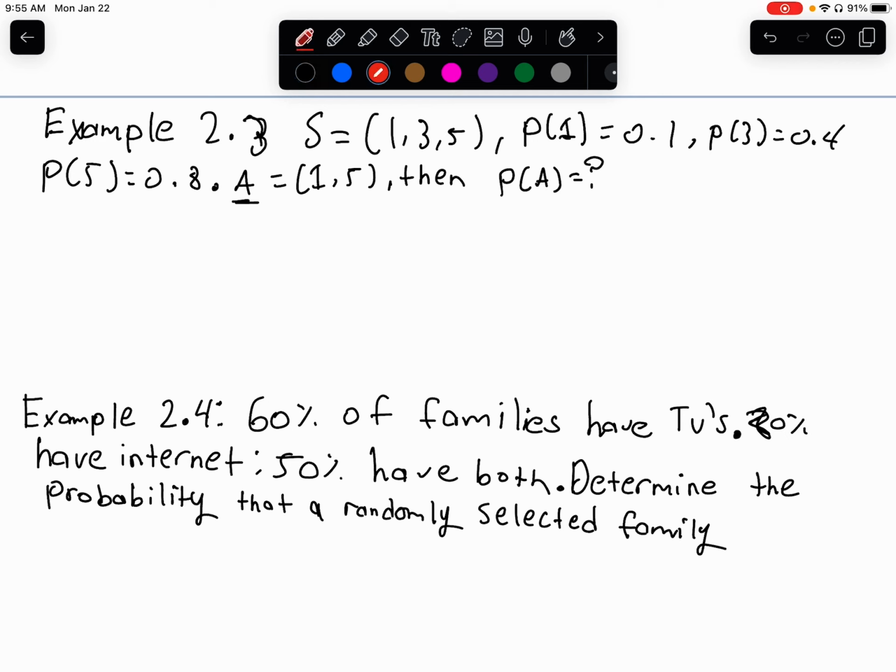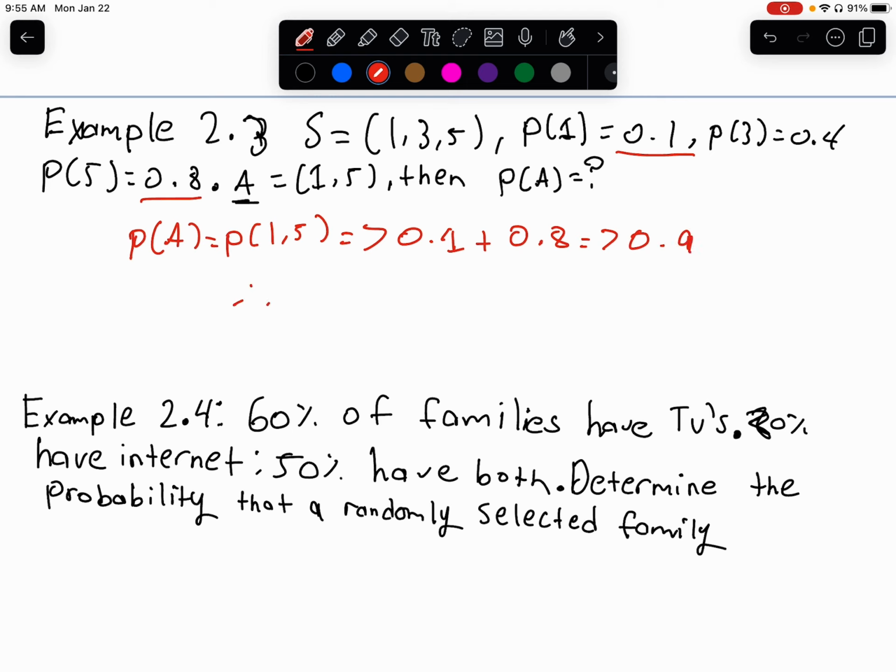Probability A equals the probability of 1 and 5 occurring. Remember P(1) is 0.1 plus P(5), which is 0.8, which adds up to 0.9. Therefore, probability A equals 0.9.